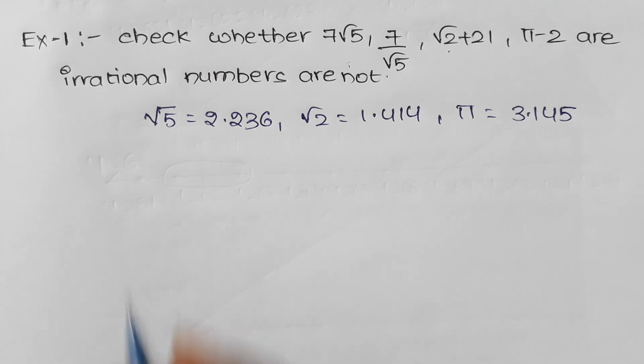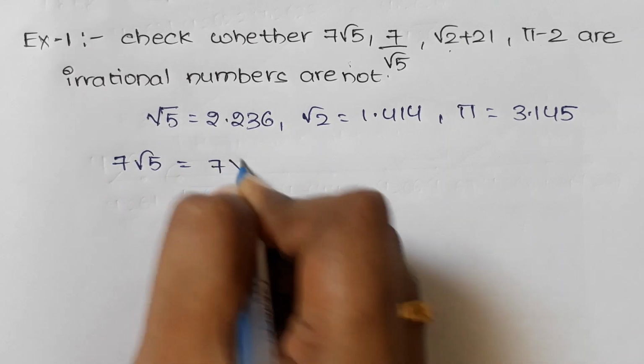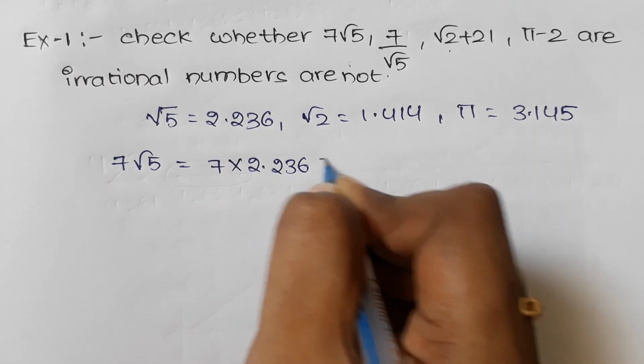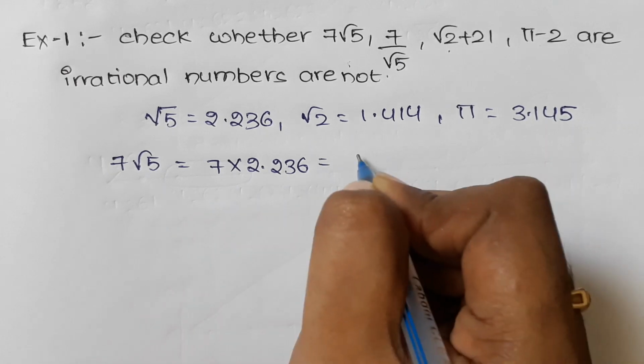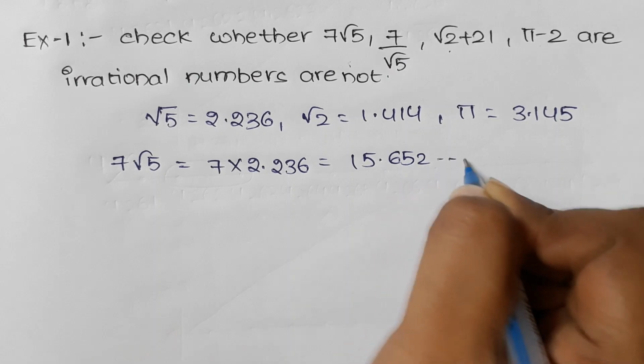Here 7 root 5 equals 7 into 2.236. When we multiply this we get 15.652.